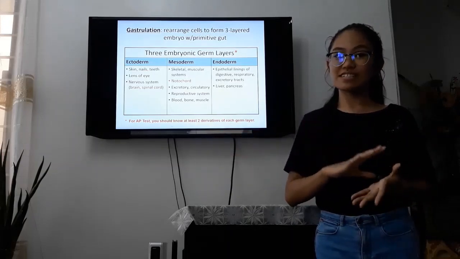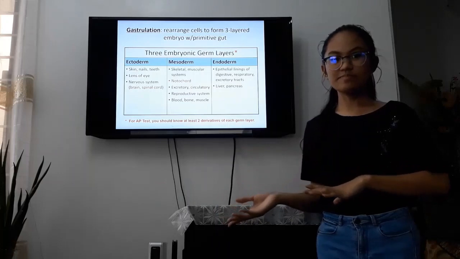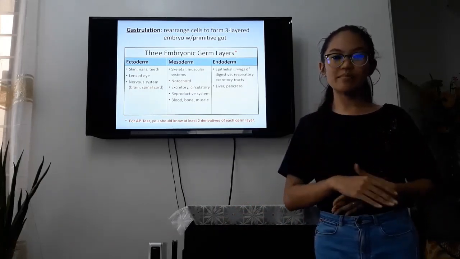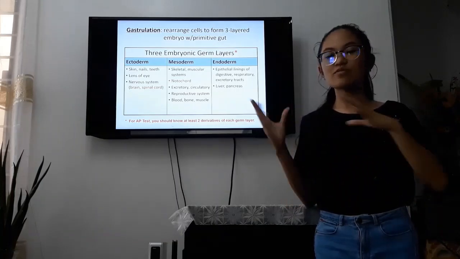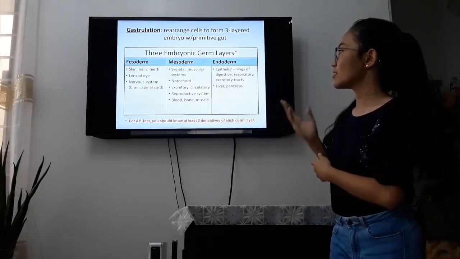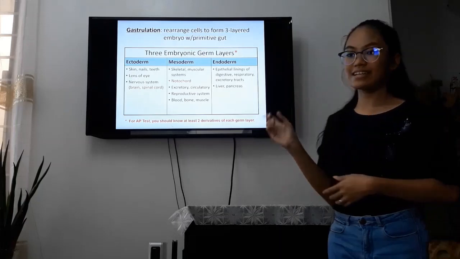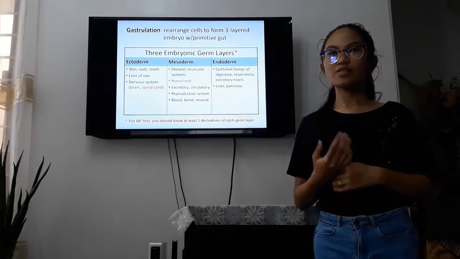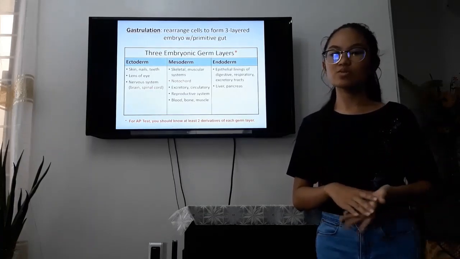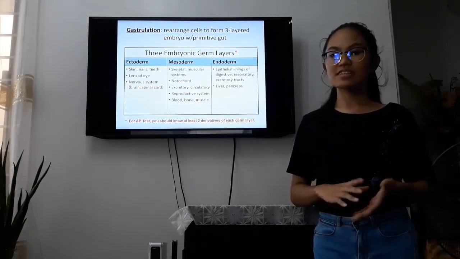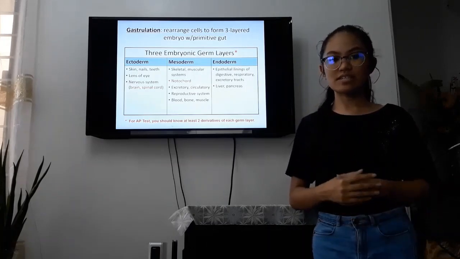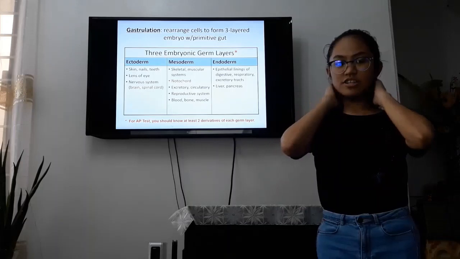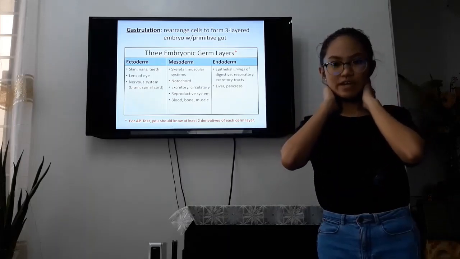Because of the invagination process, which I will show later, a portion of the ectoderm will make its way into the developing embryo, and this will form the nervous system of the human body, which includes the brain and the spinal cord. I would also like to add that it also includes the nerve cells that are part of the peripheral nervous system. It also forms the pituitary gland, which is under the hypothalamus of the brain.